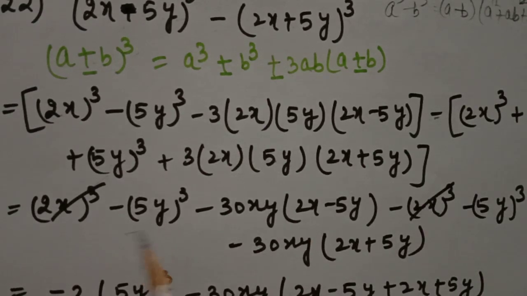Now add them: minus 5y whole cube minus 5y whole cube, they are present two times, so minus 2 into 5y whole cube. 30xy is common, we will take it as common, so 2x minus y and 2x plus 5y will be present here. After this, minus 2 into 125y cube minus 30xy into 4x. So students, this is equal to minus 250y.